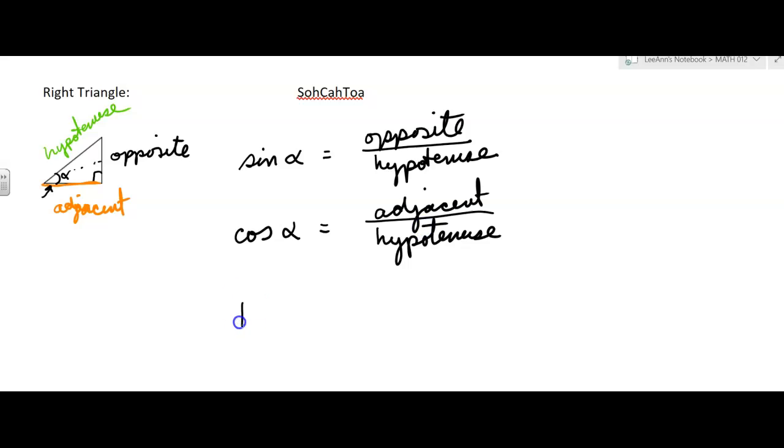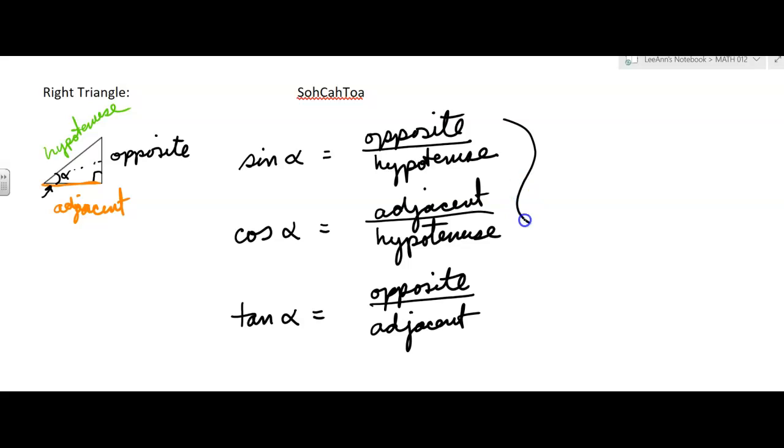And then tangent of alpha is equal to opposite over adjacent. Okay, so you want to learn these. You want to learn those relationships, okay?